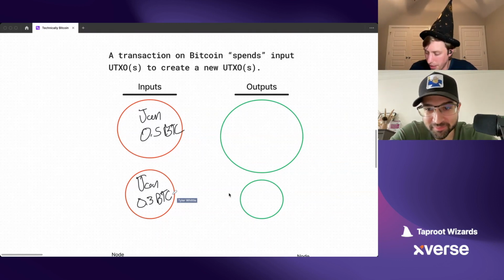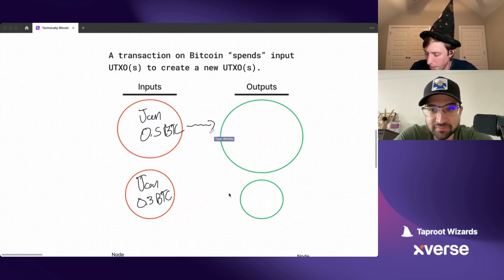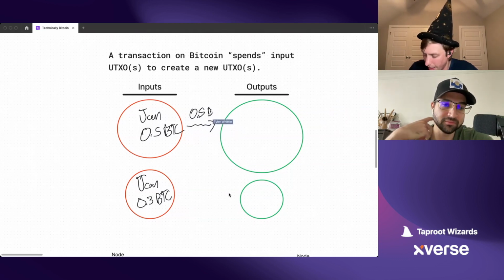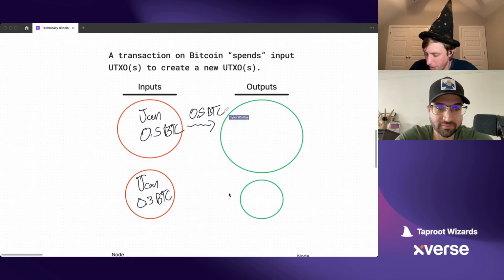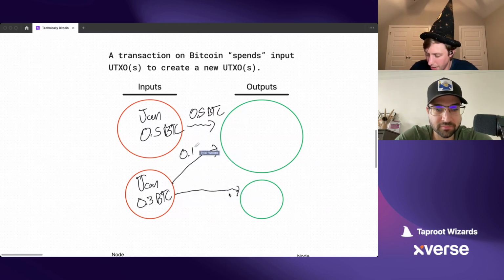So what will happen here is we'll take these inputs and you'll spend them to 2 new outputs. You'll say, okay, take that 0.5 and send it all the way over. And then for the 0.3, you're going to end up splitting it into 2. You're going to send 0.1 BTC from that up to this new output.